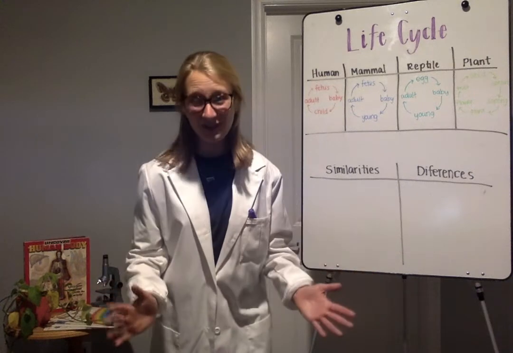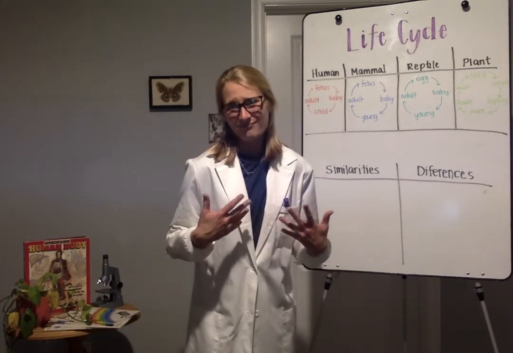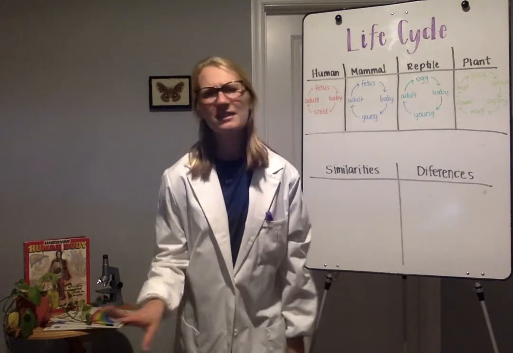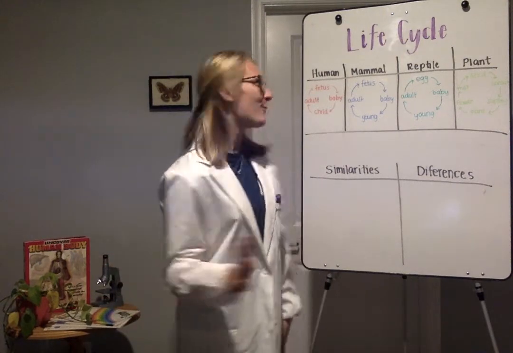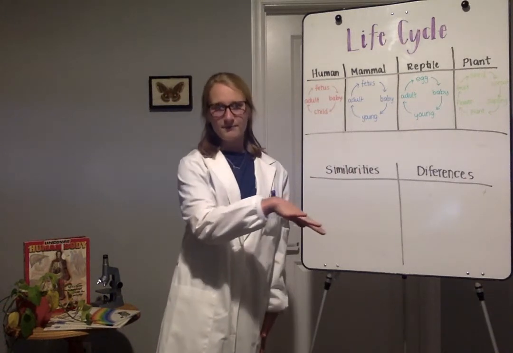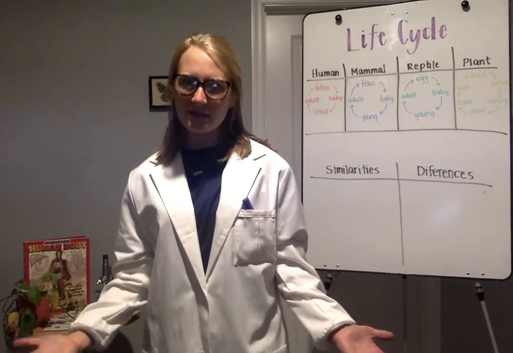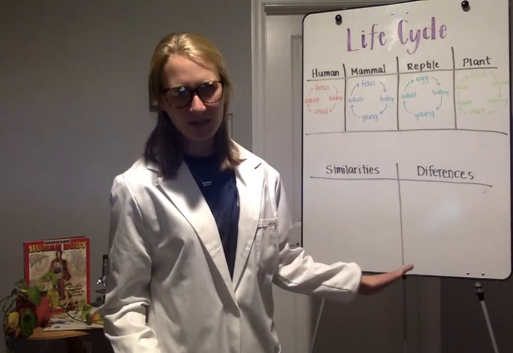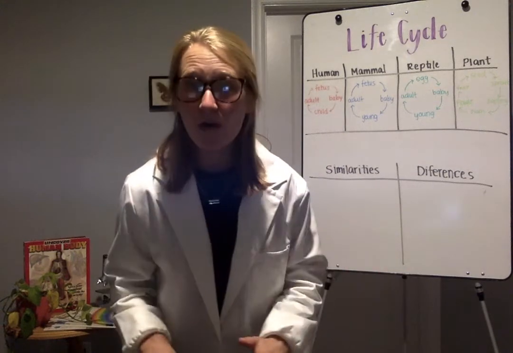I was so interested to see, these life cycles seem so similar, but some of the things about them are a little bit different. So I wrote out all of the life cycles we talked about this week, and I thought, let's talk about what's similar and what's different. Now, I know it's kind of hard to read on here, but that's totally okay.